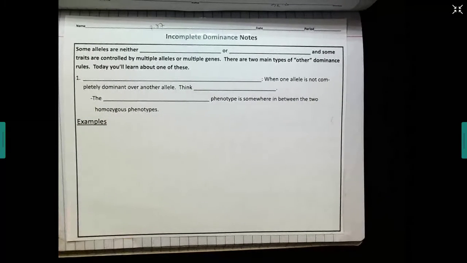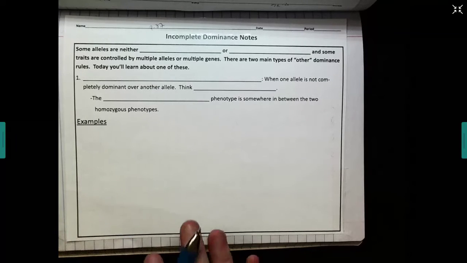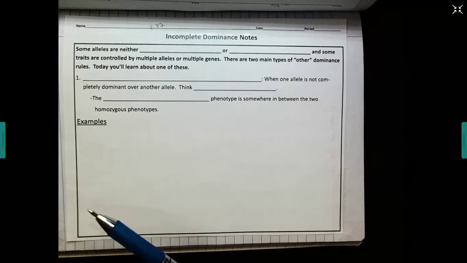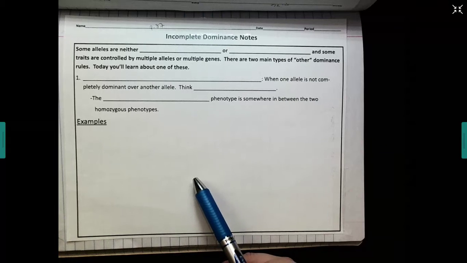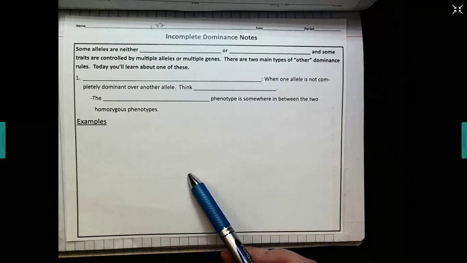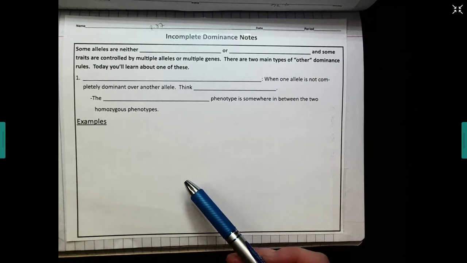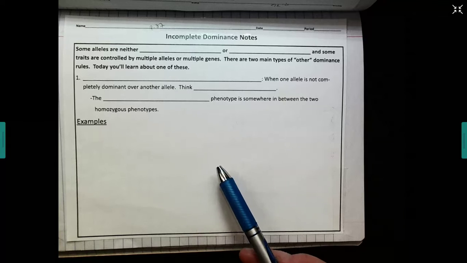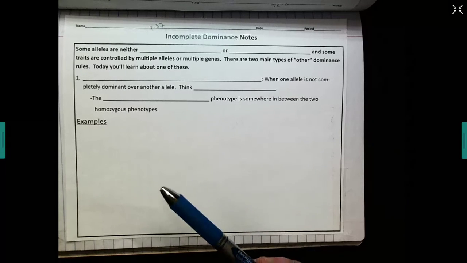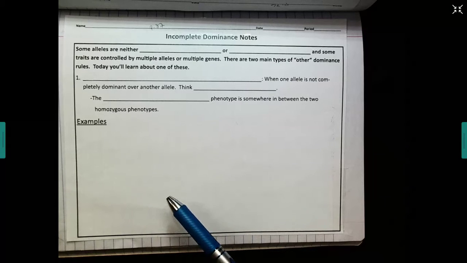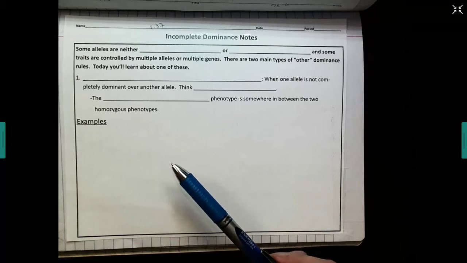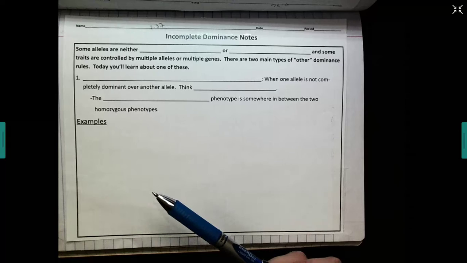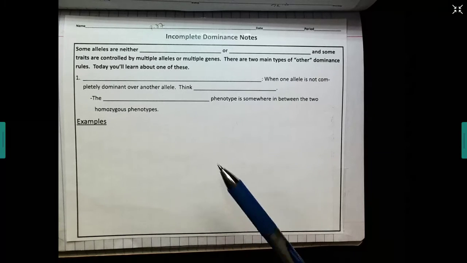So we already know about regular dominance, basically meaning if you have an uppercase letter, you know that that trait is going to be expressed, and you need two lowercase or recessive letters or alleles in order for that version to be expressed. So that's not always true, right? Not every trait follows that simple rule.